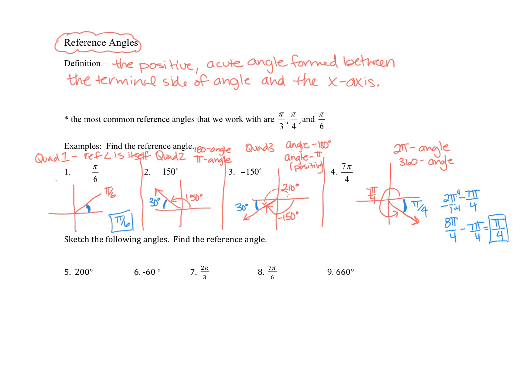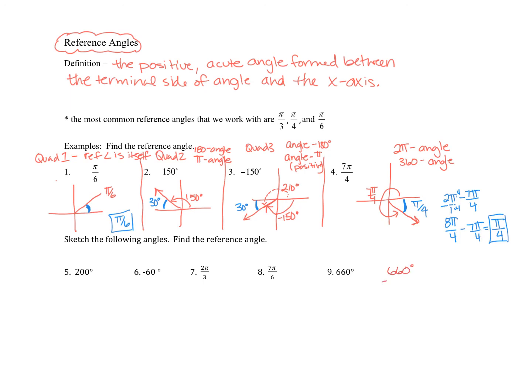So let's take a look at number 9, because this particular problem, 660 degrees, I first of all need to be able to graph it to figure out where my terminal side is. So I know since it's 660, so it's something bigger than 360 degrees, I know it wraps around more than once. So I need to figure out where it ends so I can figure out where my terminal side is. So let's find out how many times it wraps around.